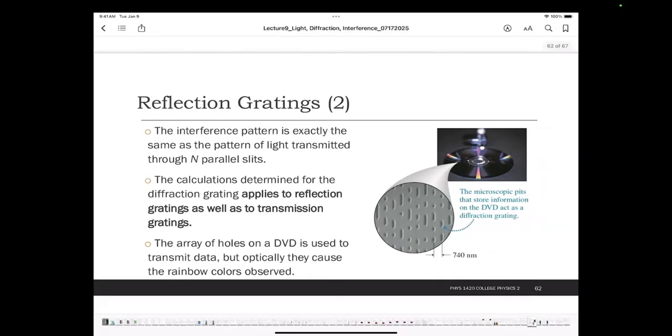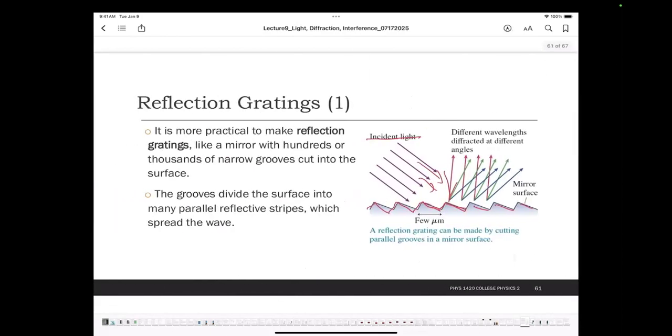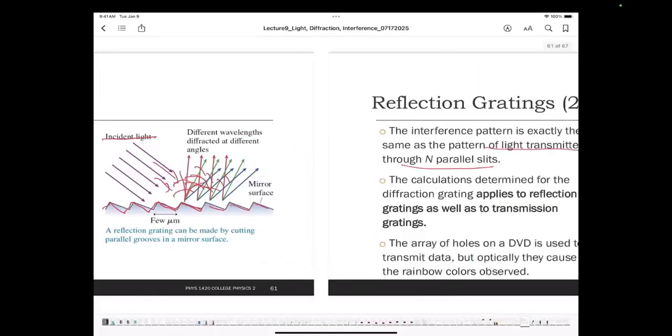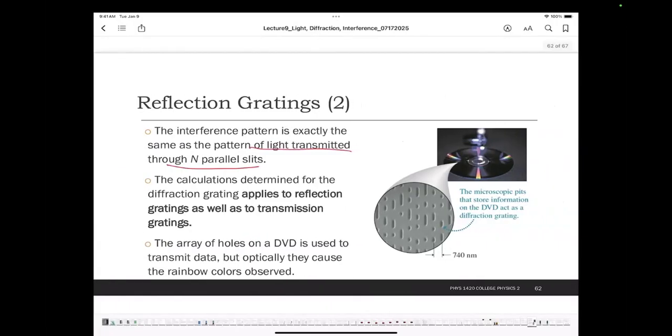The interference pattern is exactly the same as the pattern of light transmitted through n parallel slits. Actually, it's the same thing. The calculations determined for the diffraction grating apply to the reflection grating as well as to the transmission grating.